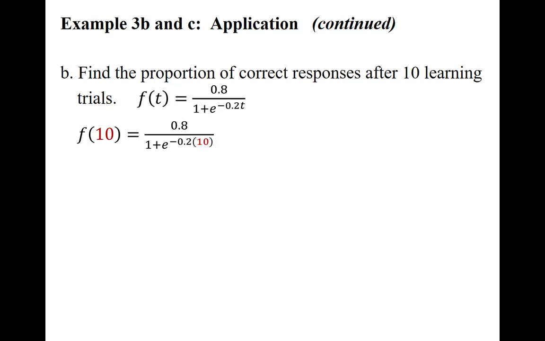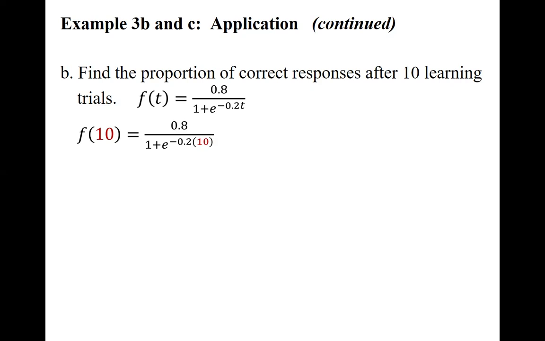Negative 0.2 times 10, that's negative 2. e to the negative 2 is 0.1353. I'm going to leave that in the calculator and add 1 to it. And I'm going to write down as many digits as I can remember. 1.13533.